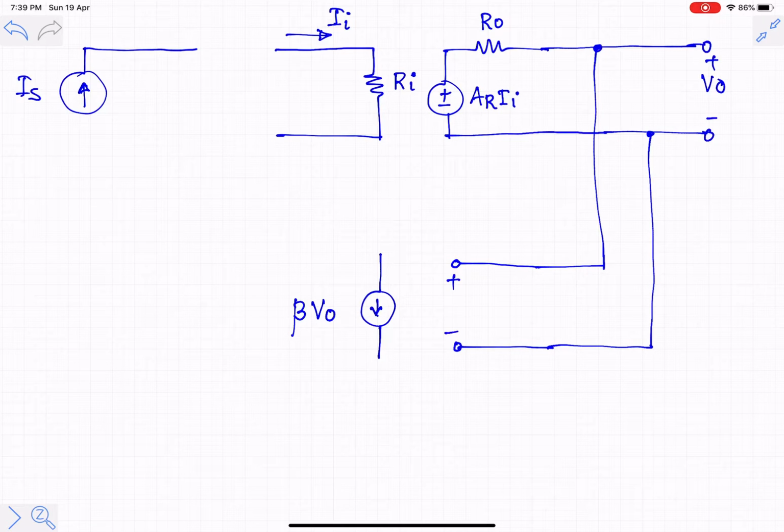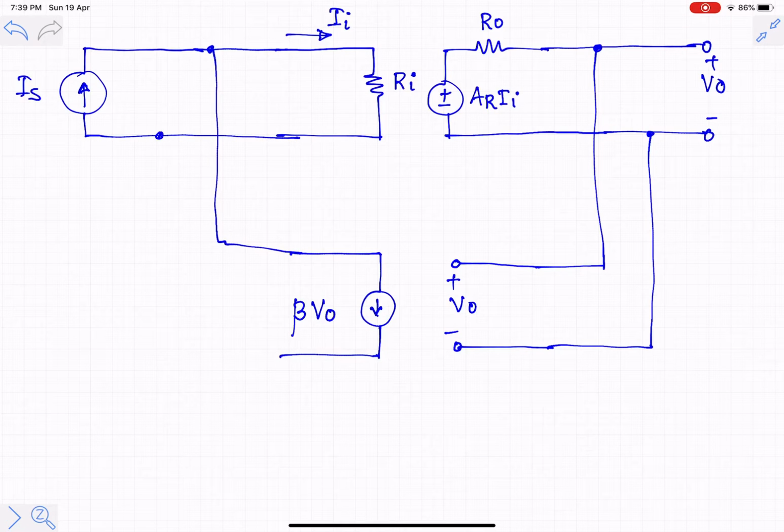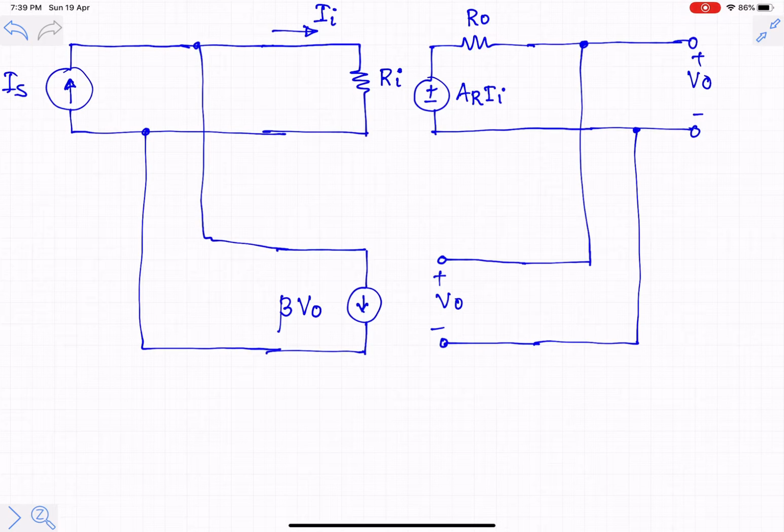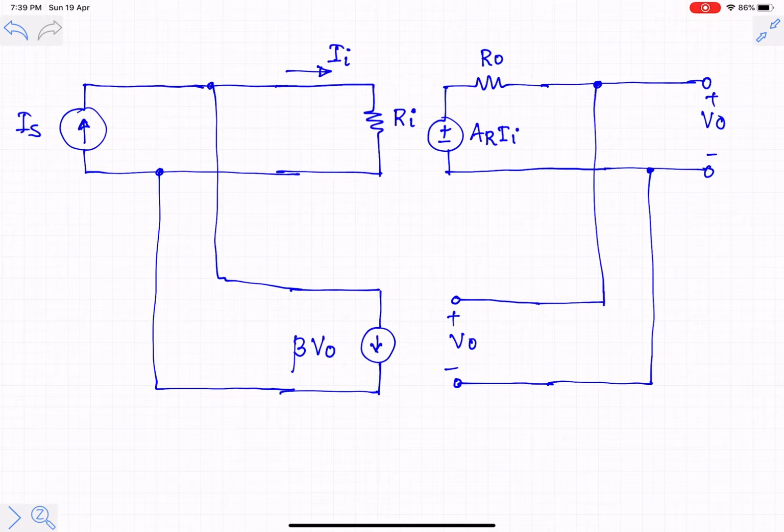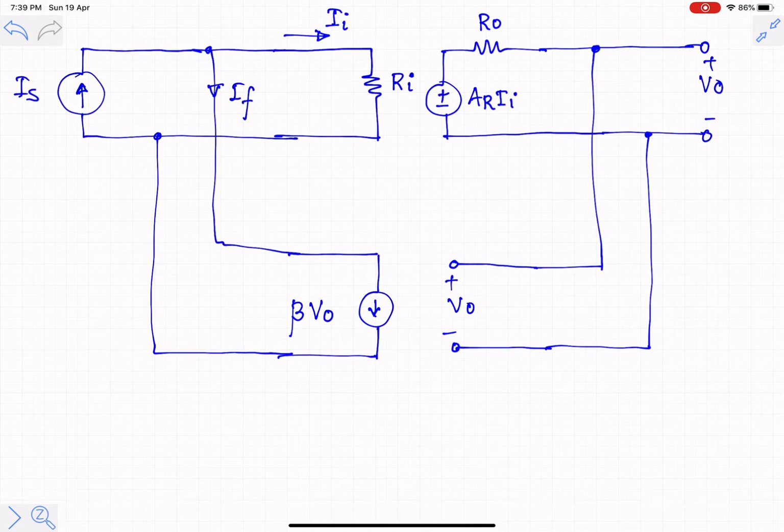So this voltage is also Vo. Now this current is to be subtracted. So it is placed in parallel with the input side of the feed forward amplifier. Remember that feedback network is ideal, so its output impedance is 0. So if this current is Ii, this current is If, and If is equal to beta into Vo.